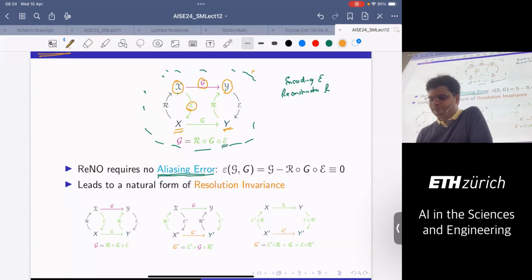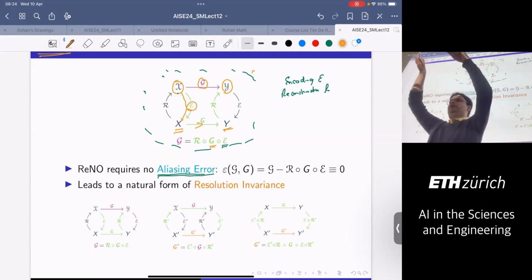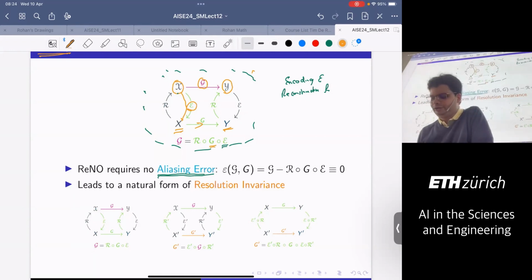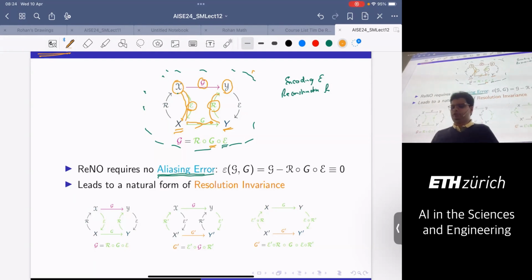Then we use whatever, the MLP or the CNN, that takes the finite dimensional values on a grid to values on a grid. This is this step here, and then we try to go back to infinite dimensions. To do that, we have to use this R here. So we come down like this, work like this, and go up like this. This is a very simple construction, and this is the composition here.